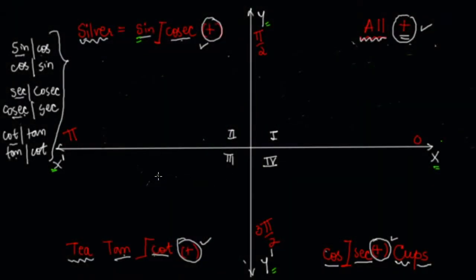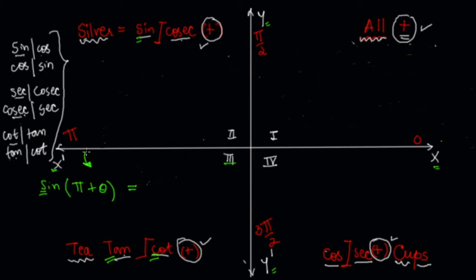Now let's quickly go to the third quadrant, right? For example, this is the third quadrant. Who is positive in the third quadrant by the same logic? It is tan and cot. And who should jump? Now, I am saying, for example, sine of pi plus theta, right? This is pi, the horizontal line, and plus theta would naturally fall in the third quadrant. Who is jumping here? It is sine on the left hand side of the equality.